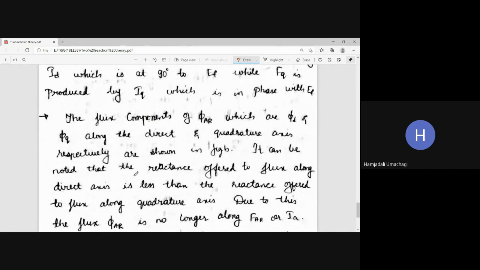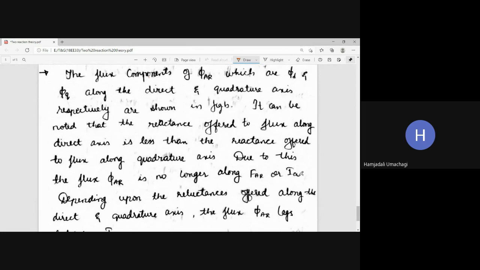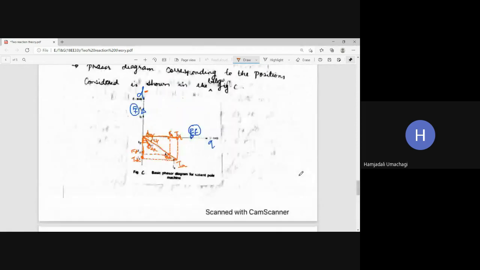It can be noted that the reactance offered to the flux along the direct axis is less than the reactance offered to the flux along the quadrature axis. Due to this, flux ψ_AR is no longer along F_AR or I_A. As I told you, reluctance keeps on changing because of the change in the length of the air gap.